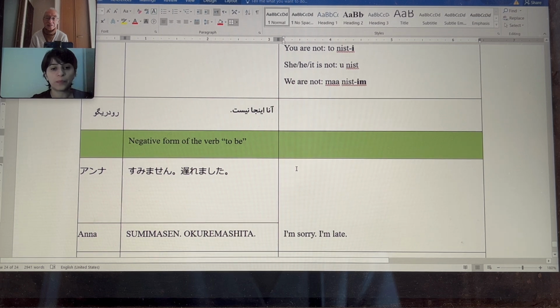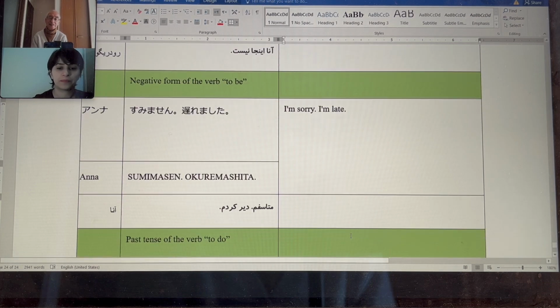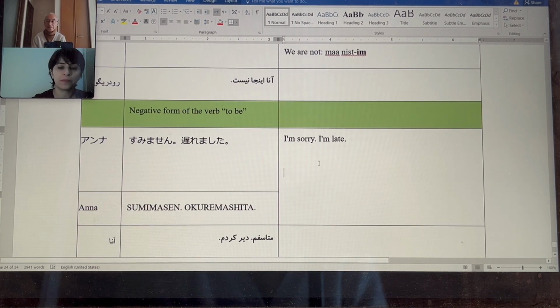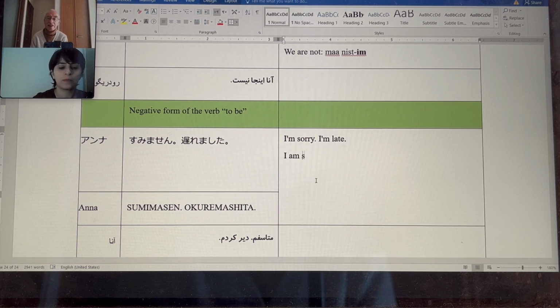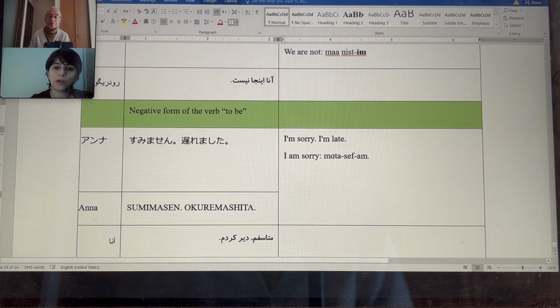Sumimasen, I'm sorry, I'm late. Just as an expression you have to memorize. Motasefam. It's a little bit difficult to explain at this point.